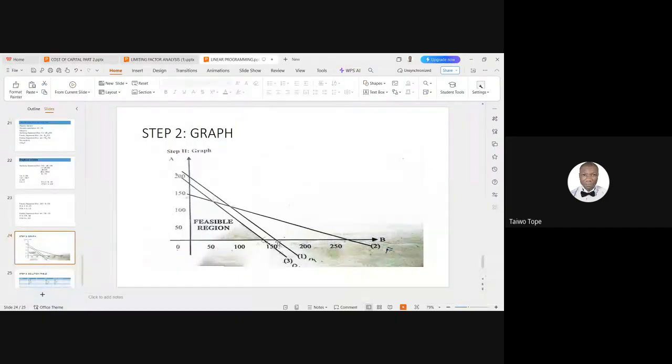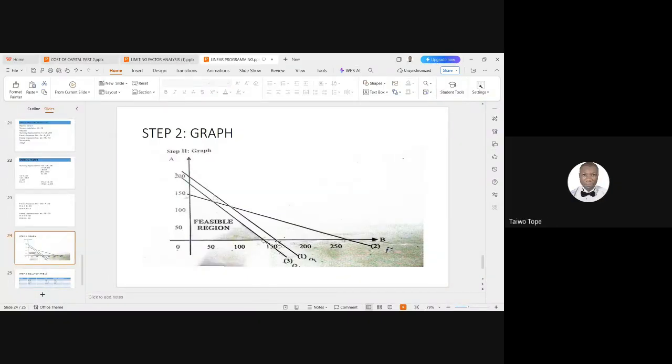But the issue is for machining at point B, we have 150. Then at point A, it is what? 200.